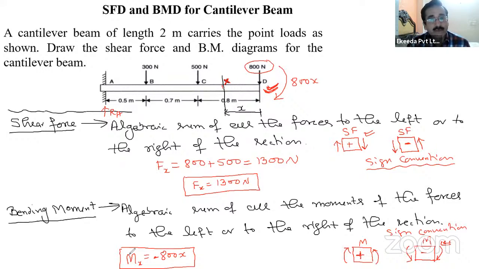Now we have to draw the shear force and bending moment diagram. Using these equations, we can now draw the shear force and bending moment diagram. So let us start with this question, how to draw the shear force and bending moment diagram, right?